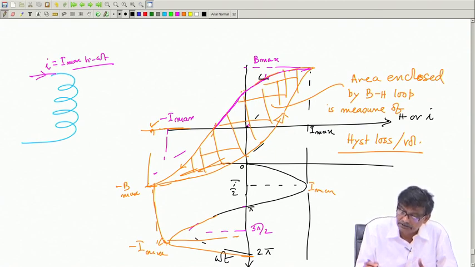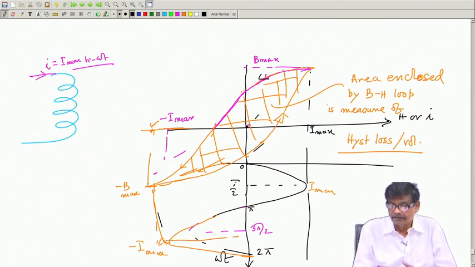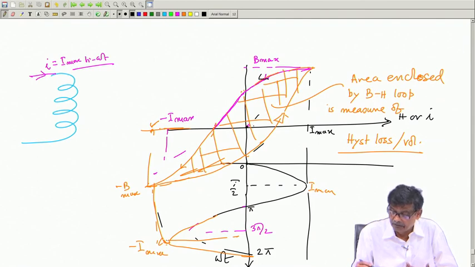Then when current is 0, it will have some residual field, then with negative current after pi to 3 pi by 2, it will go like this, then it reaches minus I max. And so, if your core was initially unmagnetized, except for the first quarter of the first cycle, it will do like this. So, that portion need not be taken into account.